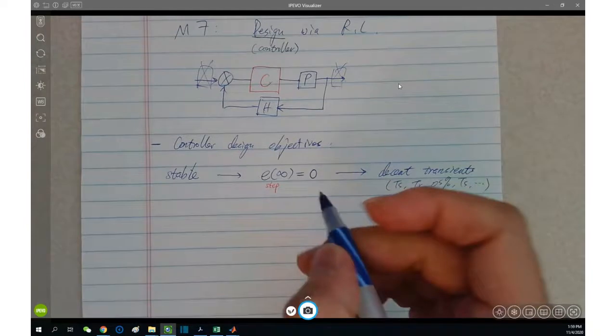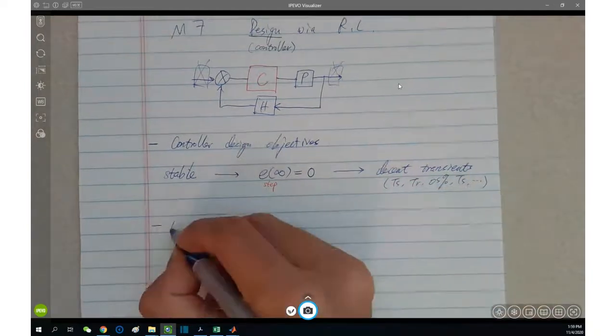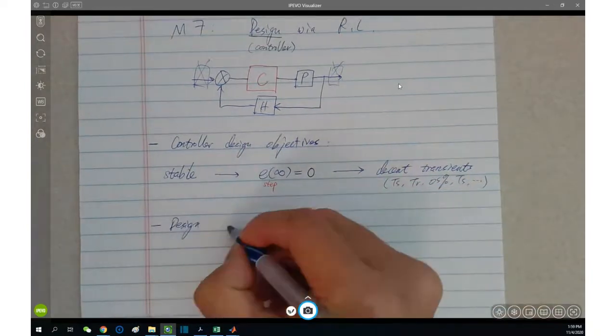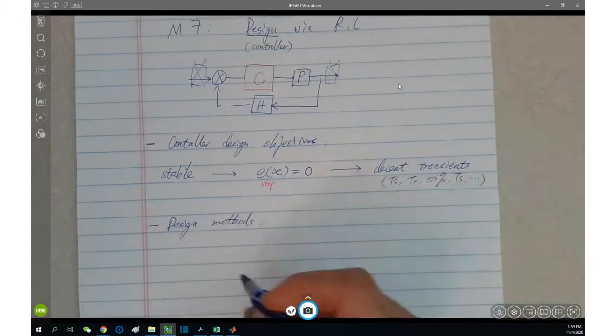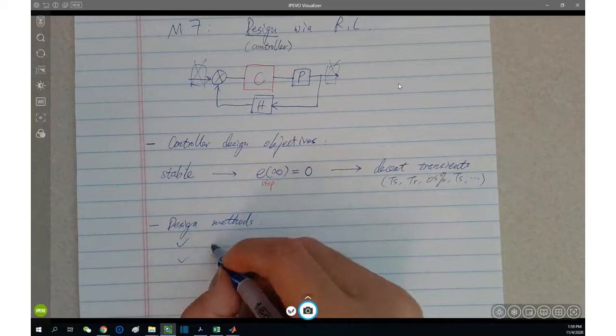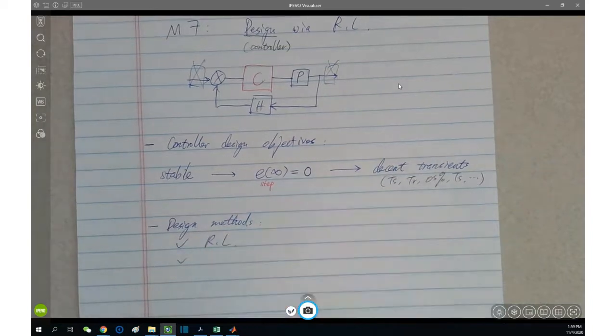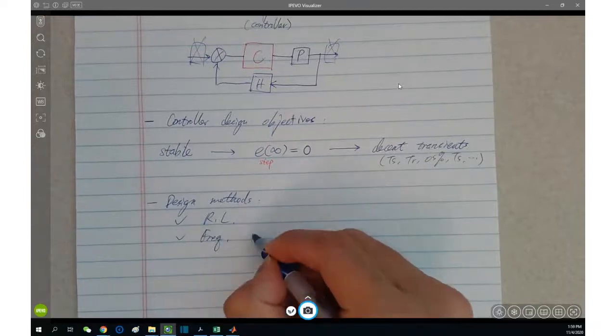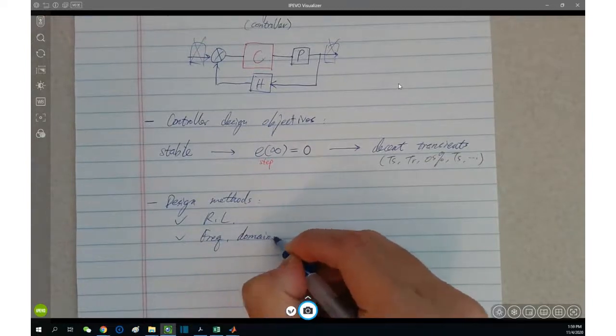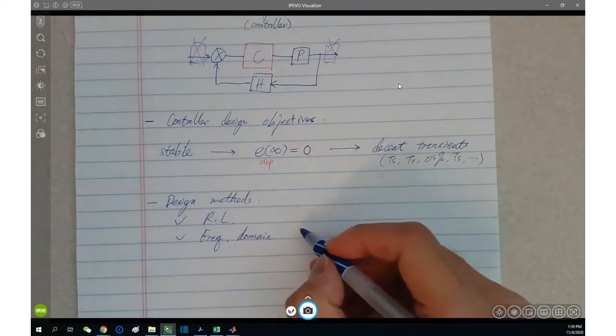And then next, the design methods. We actually have two methods, and one is Root Locus, which we're gonna study in this module. We have also another so-called frequency domain method.